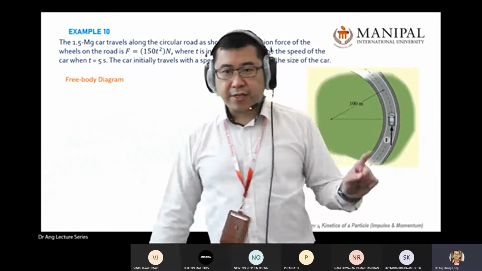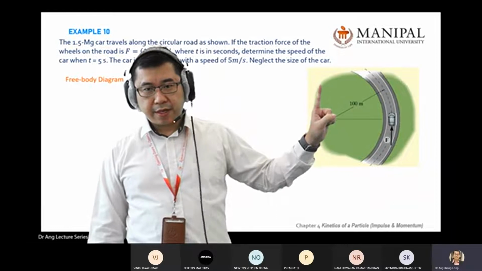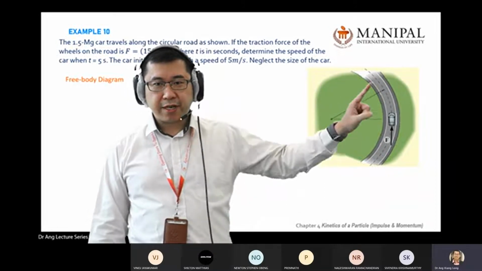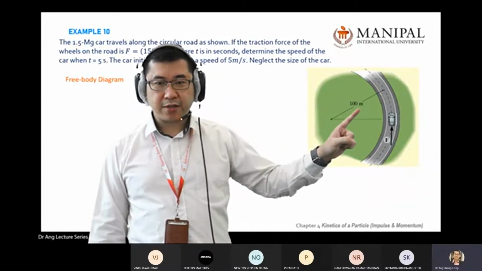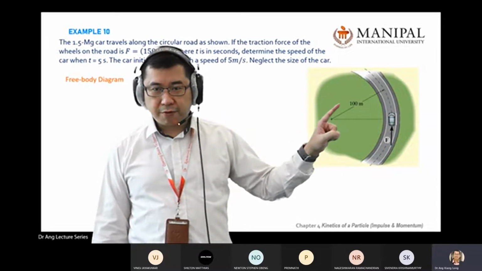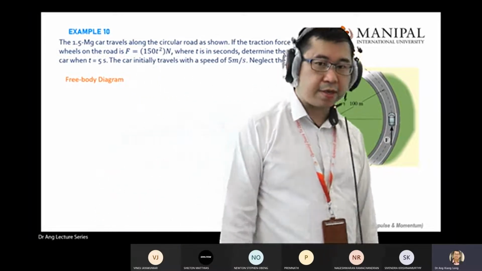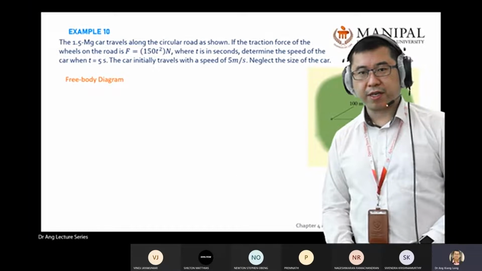You're given a radius of 100 meters, and remember, if the radius is not given, there is a formula to calculate the radius. Just recall curvilinear motion.